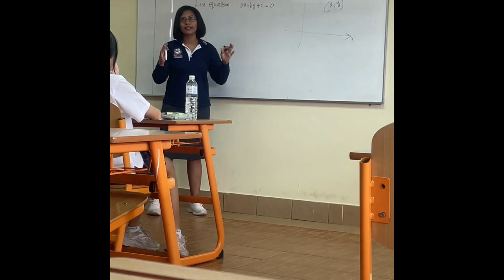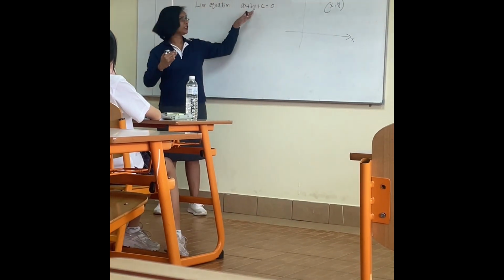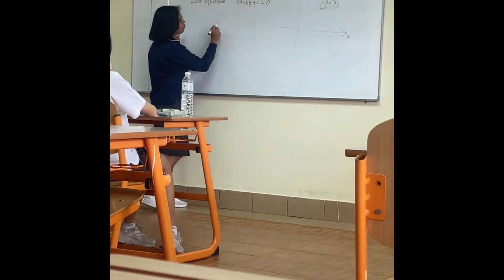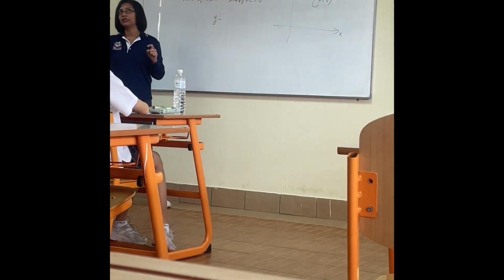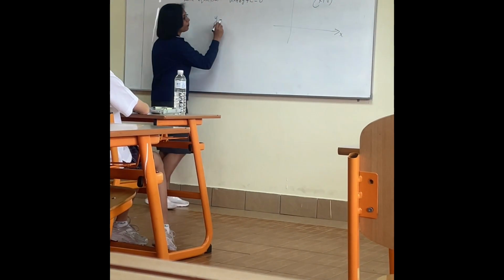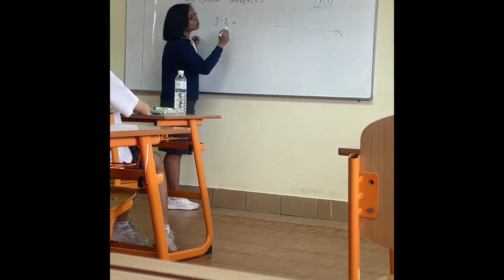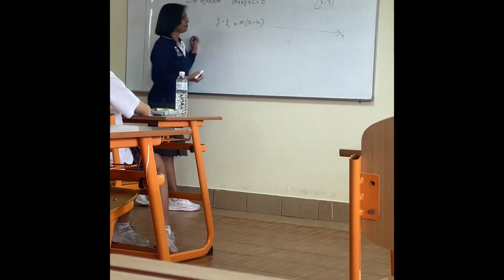But all the time we cannot convert the equation into this form. So we have to use the point slope form, which we have learned in the previous class. Okay, the point slope form is y minus y1 equal to m times x minus x1.